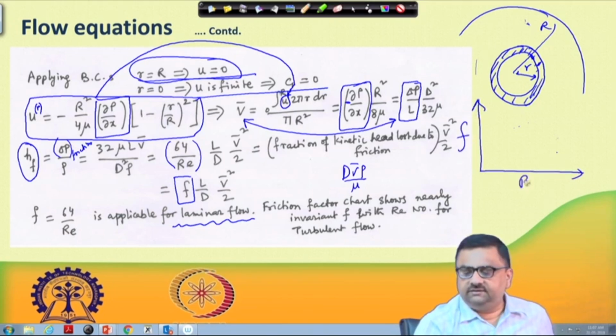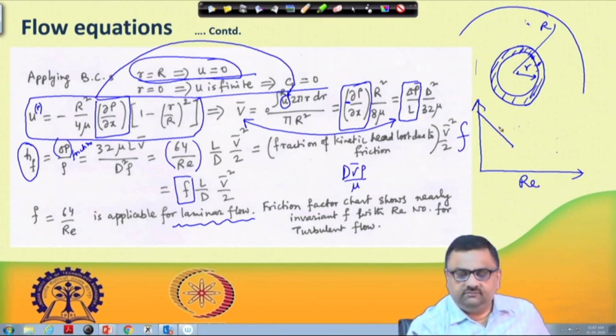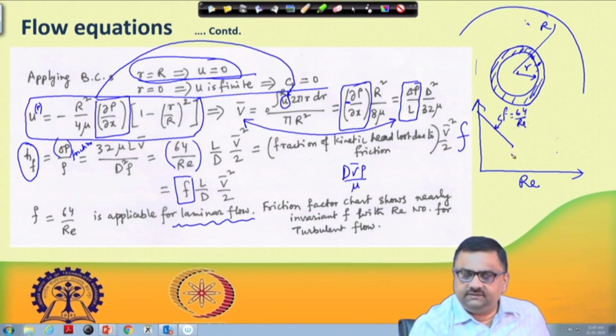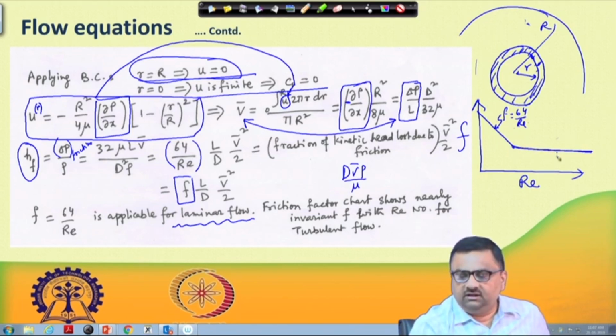Initially it comes as 64 by Re, so F is inversely proportional to Reynolds number, and the slope will be decided accordingly. So this part is F equal to 64 by Re, and then once the turbulence sets in, it typically plateaus. The change is there, but it is not that significant. This part is primarily the turbulent region, and here the friction factor generally depends on the roughness.